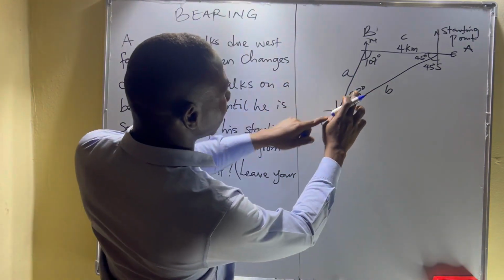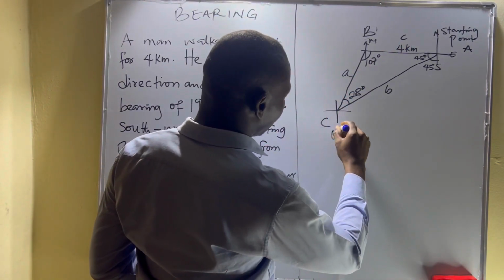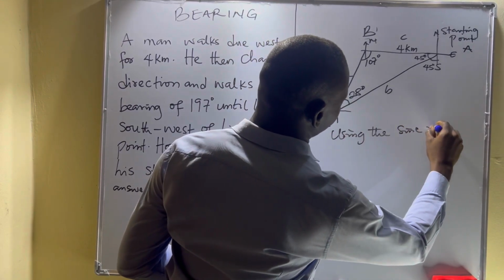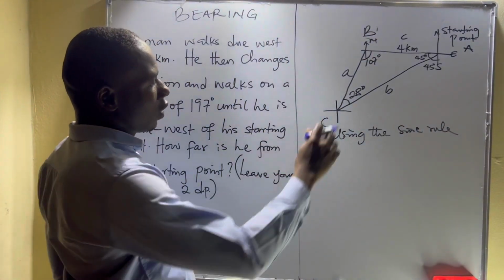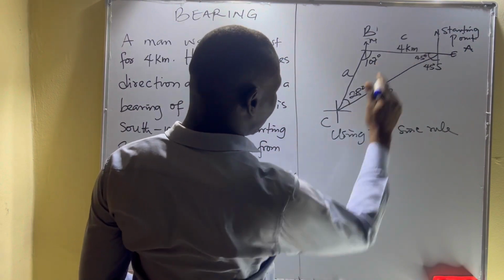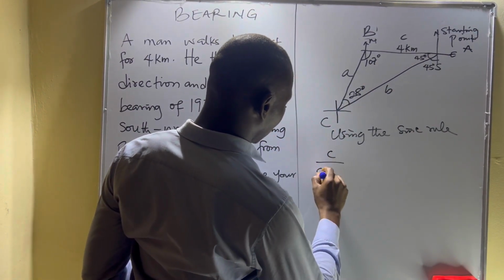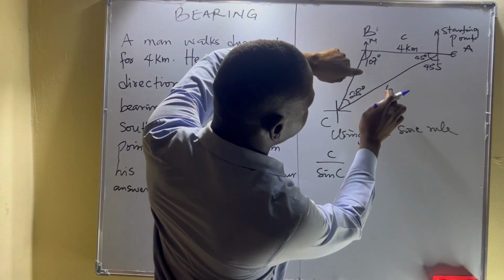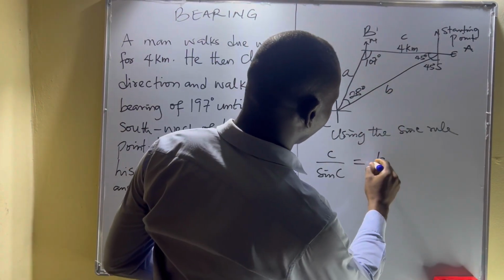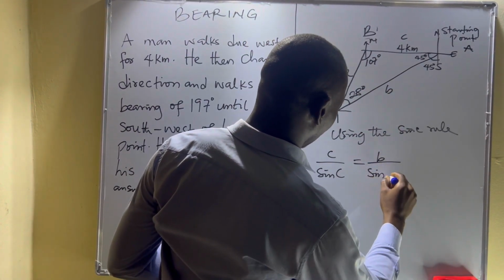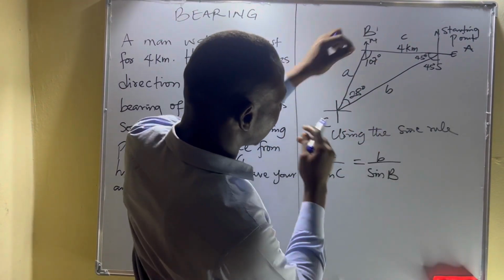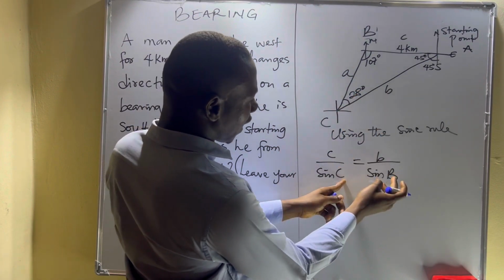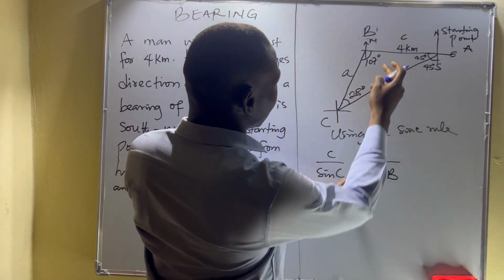So the sine rule will be: using the sine rule, we have that small c over sine C will give me the same value as b over sine B. I'm looking for this b. Our angle C here is 28, angle B is 107.